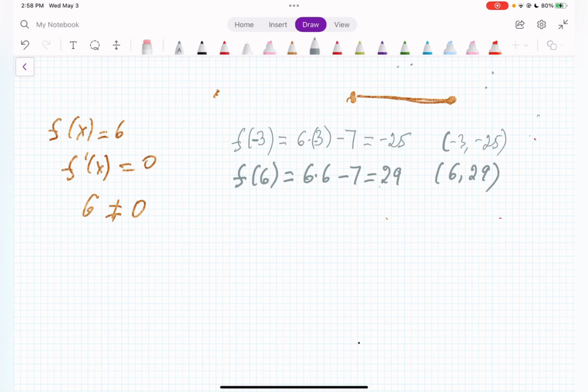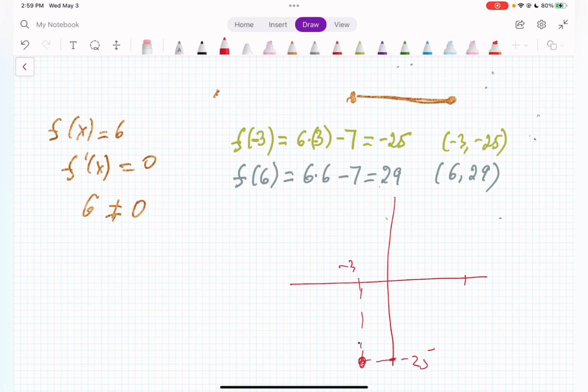Let me make it thicker also. Okay, let it stay with color. So we have negative 3, negative 25, and positive 6, positive 29. Negative 3, negative 25 is this point.